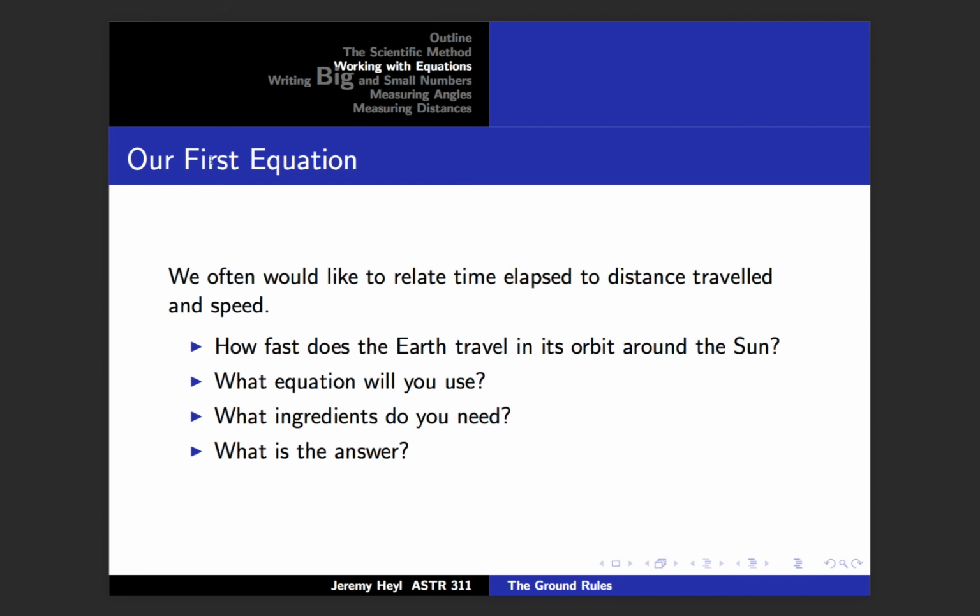The time elapsed, right? Does it make sense to think about how far the Earth moves in a day? Is that something that people know offhand? Probably not. But what do we know? A year, right? So we can think of the time on the bottom would be 1 year.